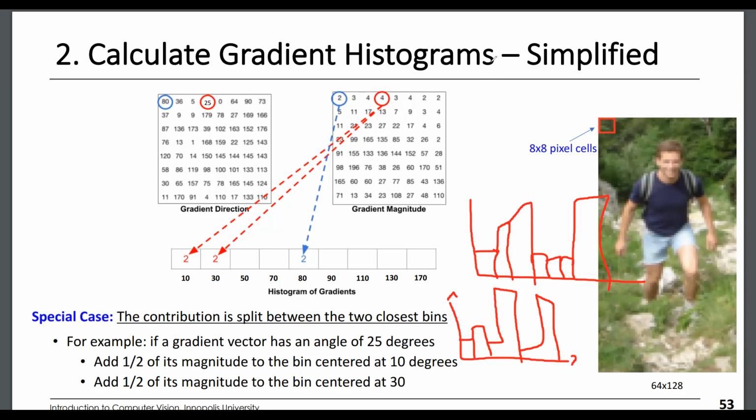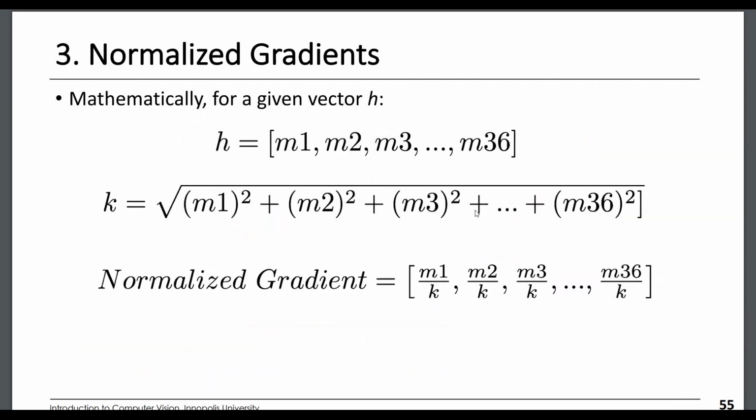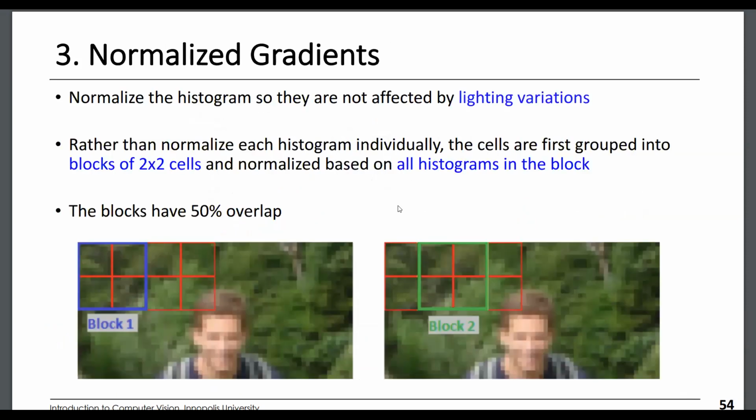So we combine these two histograms and normalize them together, right? We normalize the histograms so they are not affected by lighting variations. Rather than normalizing each histogram individually, the cells are first grouped into blocks of 2x2 cells and then normalized based on all histograms in the block. The blocks have 50% overlap.